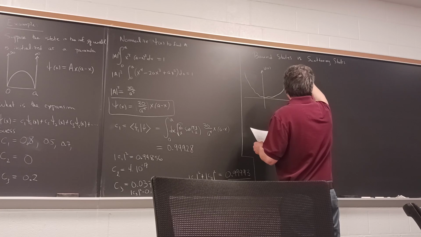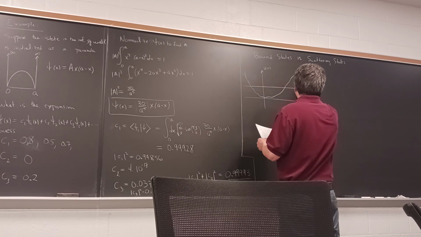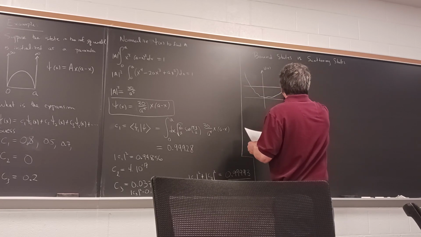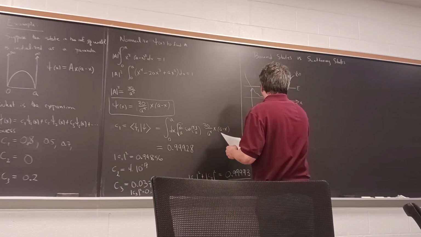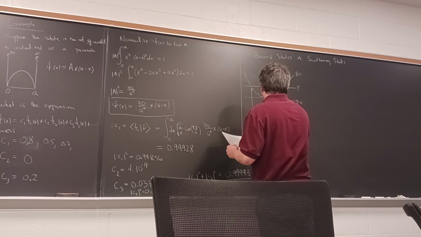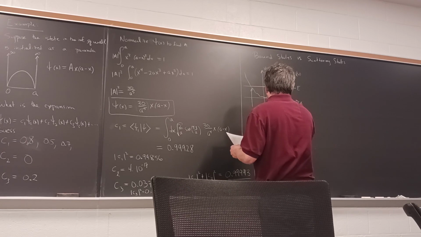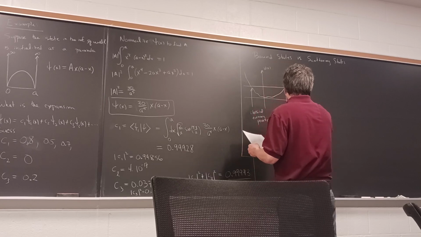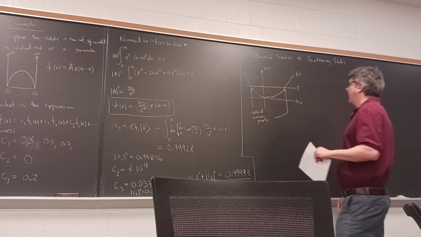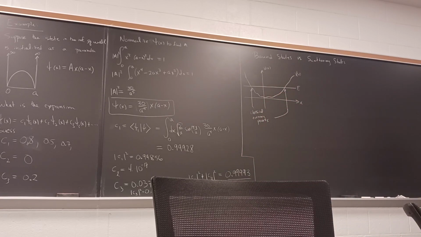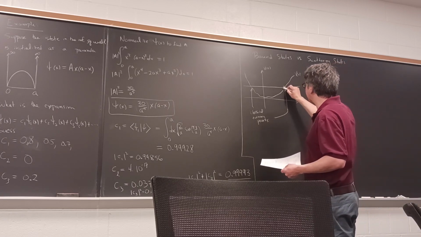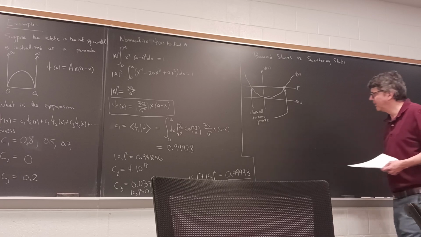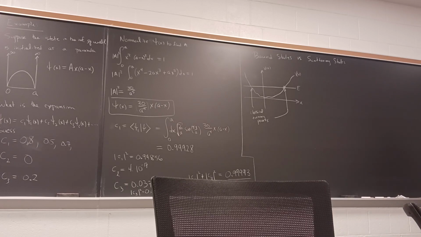If this is the potential V of x and we have an energy, we talked earlier about having these classical turning points on both sides of the potential. That's where a classical particle, if you had it in this potential, would just roll back and forth, and it would turn around at each point there.